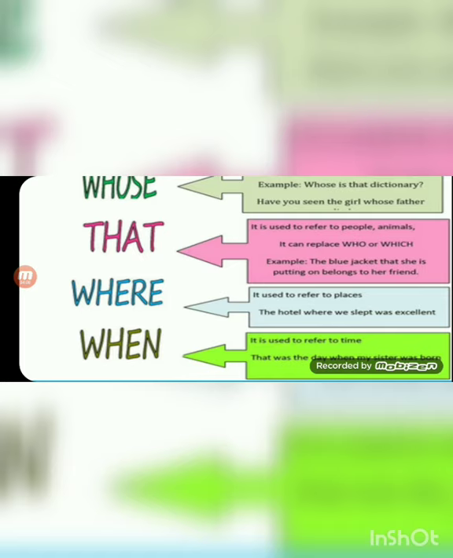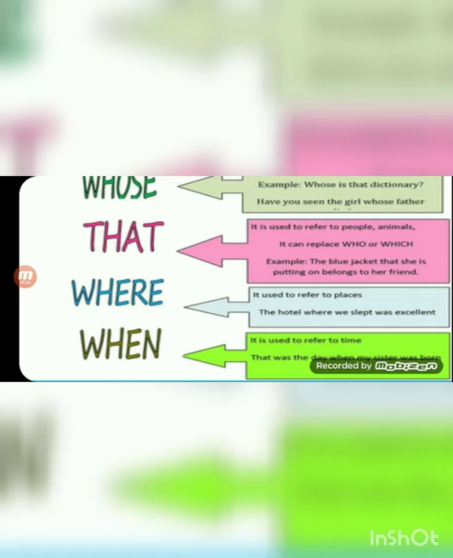In this example, hotel is the place we are talking about. When is a relative pronoun used to refer to time. That was the day when my sister was born. So here when indicates the time, when exactly the sister was born.